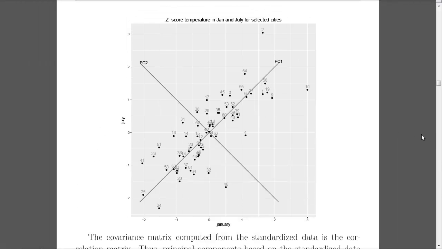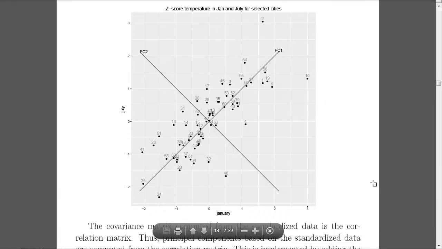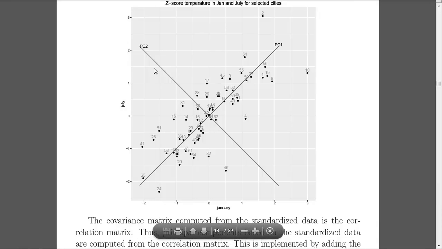So here I'm plotting the original data, but on the z-scored axes. And one thing I've done here is I've made these axes nice and square, and that's because I've z-scored both axes have a 0 as the mean. You can see the 0, 0 point is right where the big X intersects.